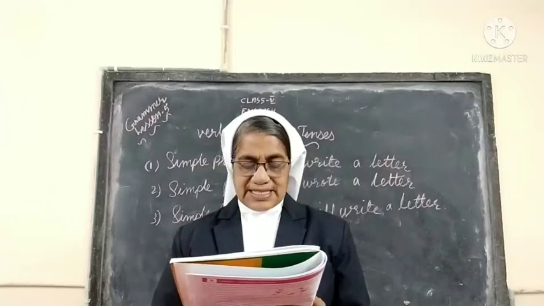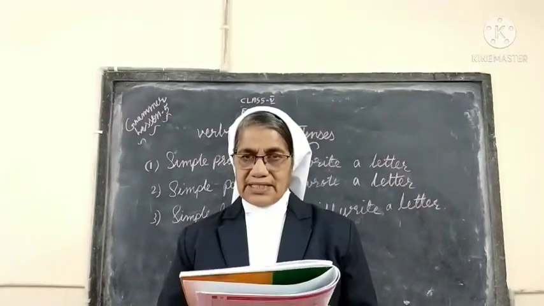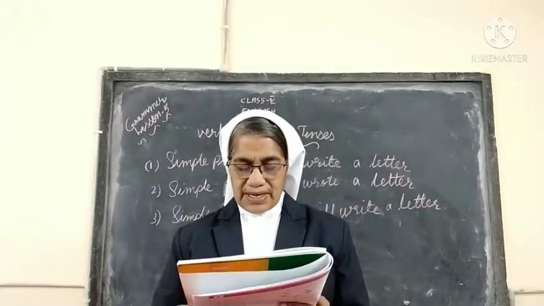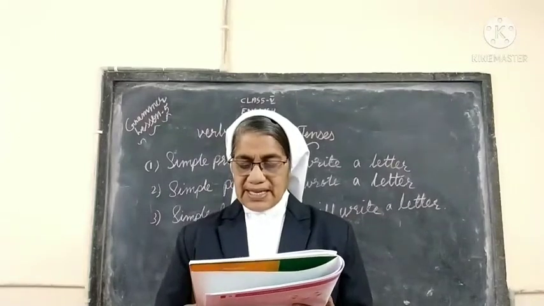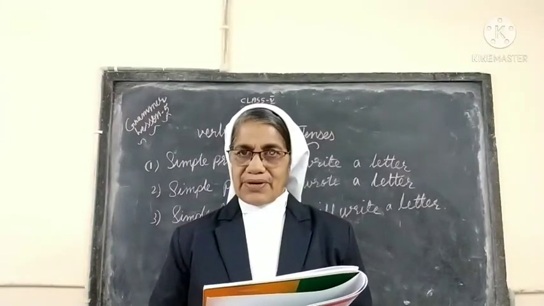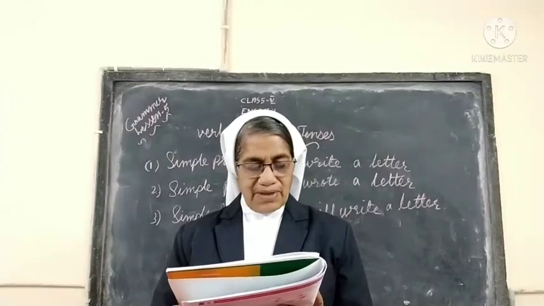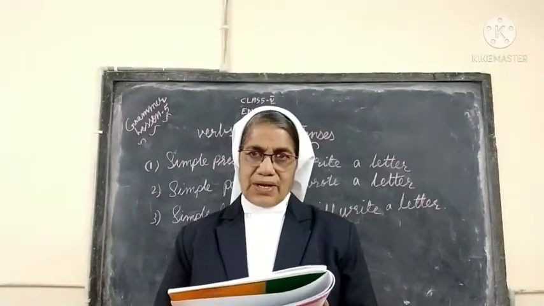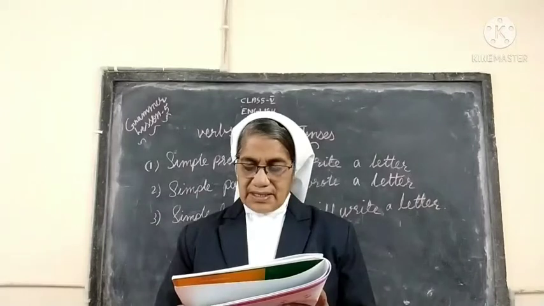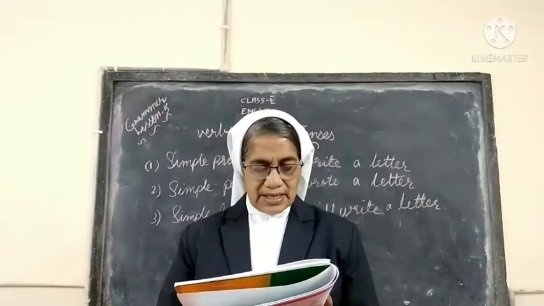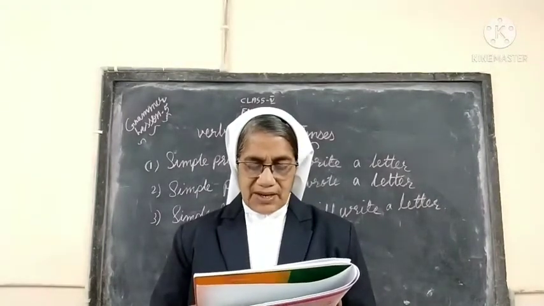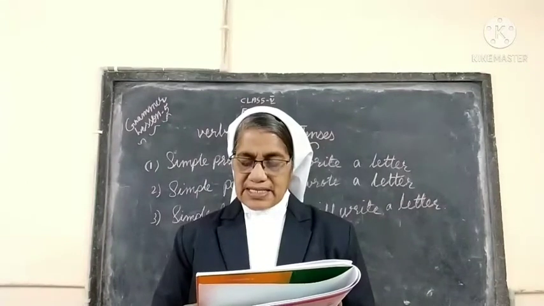When the subject is a singular noun, or the pronouns he, she or it, these are the pronouns, the verb will be singular. We can get the singular form of the verb by adding s or es.